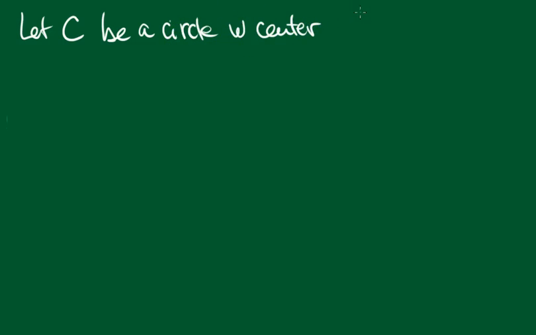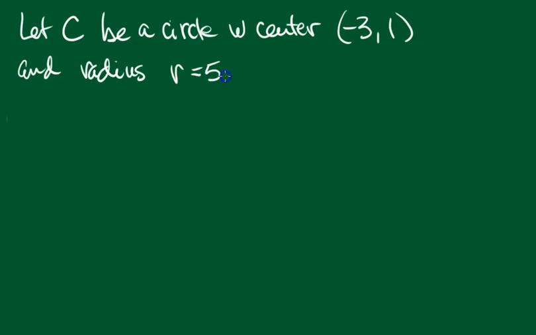Okay, so let C be a circle with center at -3, 1, and radius r equal to 5. Okay, so if those are the specs, then we know that this is the standard equation.